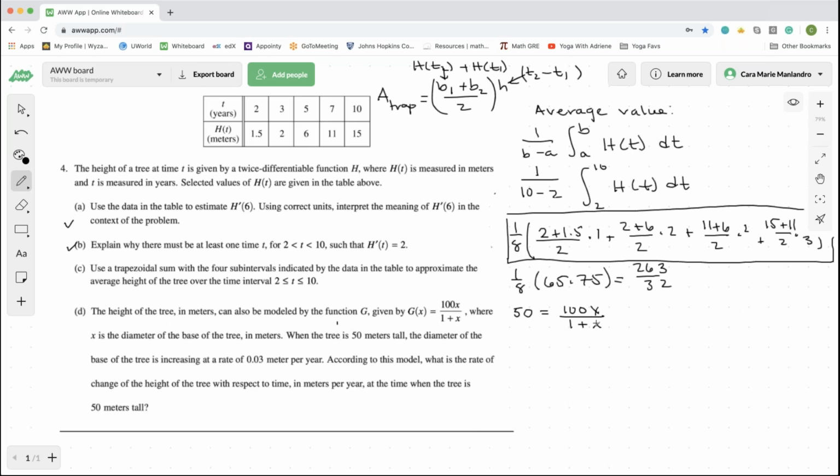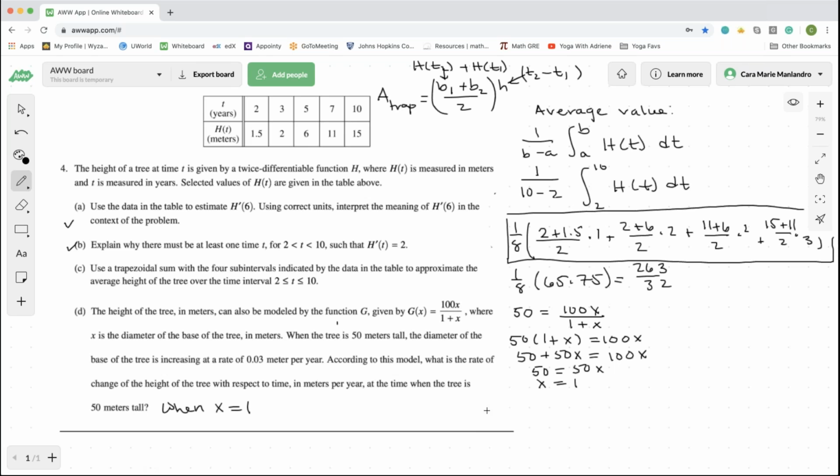You can kind of see that x is going to end up equaling 1, but I'll go ahead and do the algebra. All right, so this is when x is equal to 1.